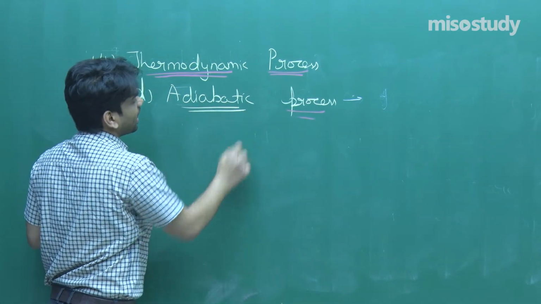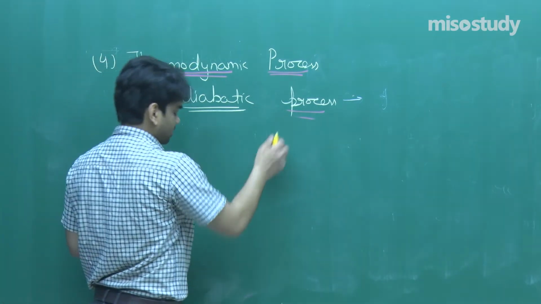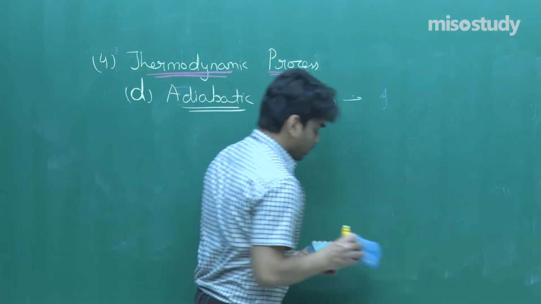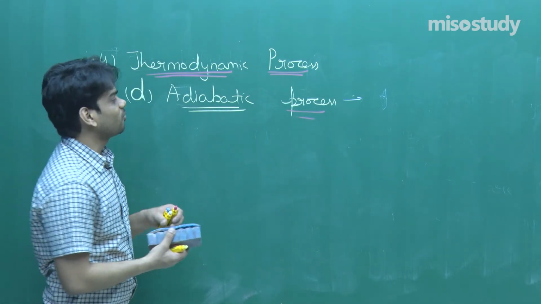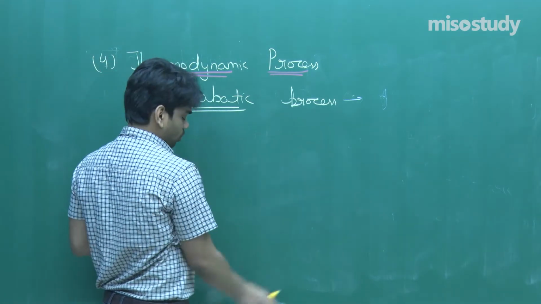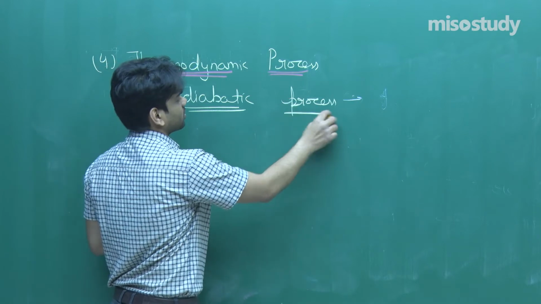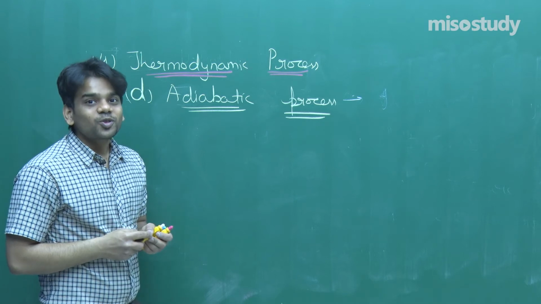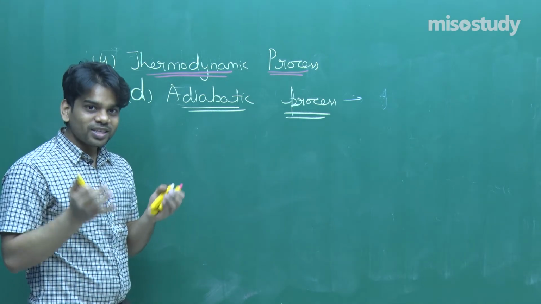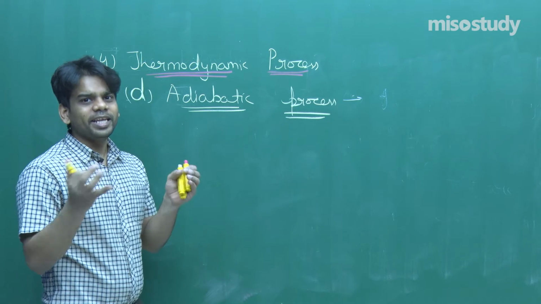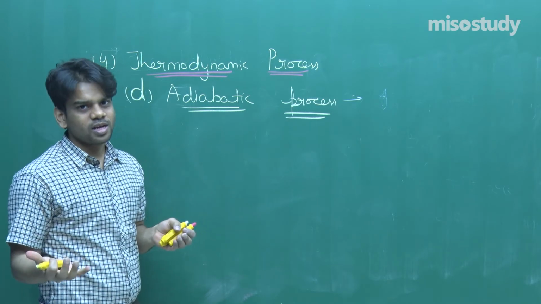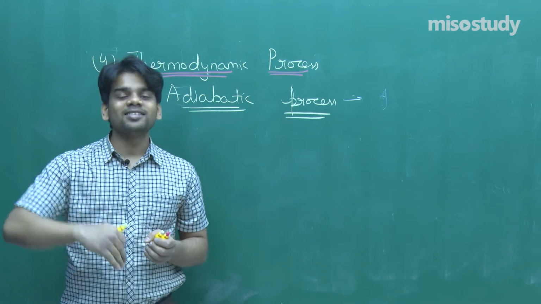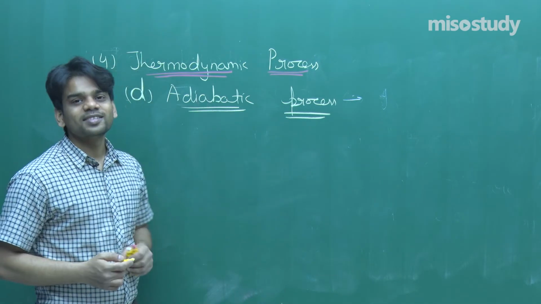Just before, I used the term adiabatic, and I told you there is no exchange of heat through the adiabatic wall. So from there you can make out what an adiabatic process is. During a thermodynamic process, if there is no exchange of heat between the system and the surrounding, that is, heat is neither given by the system to the surrounding, nor does heat enter the system from the surrounding, such a process is an adiabatic process.